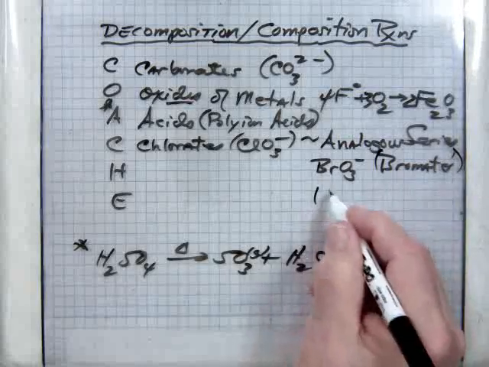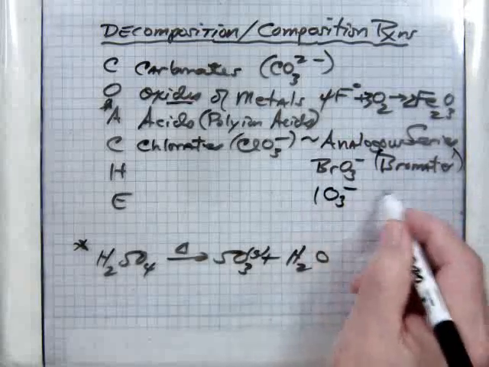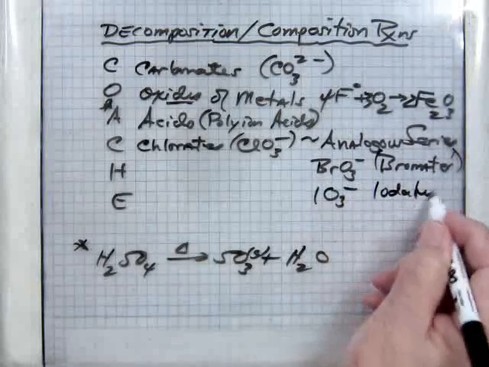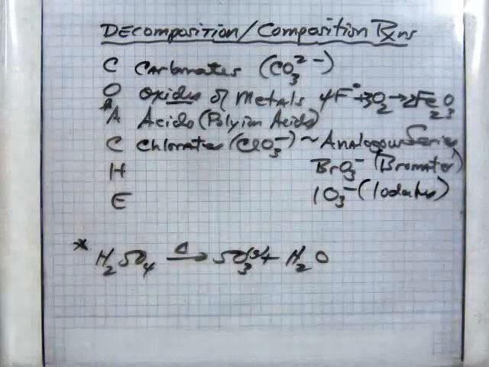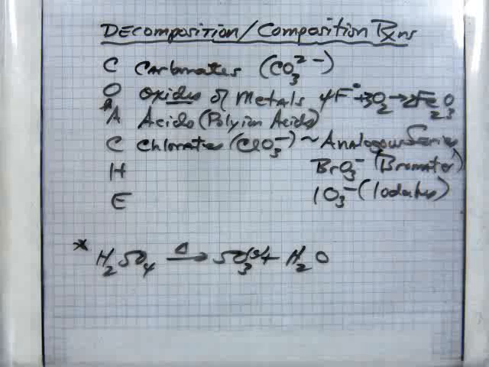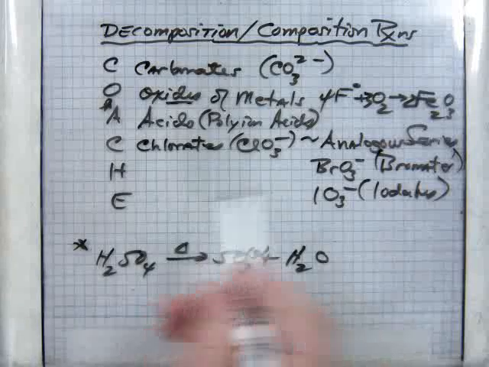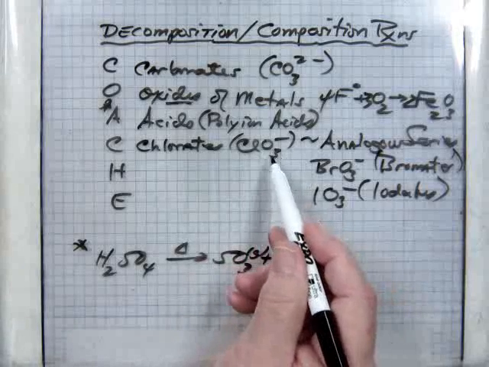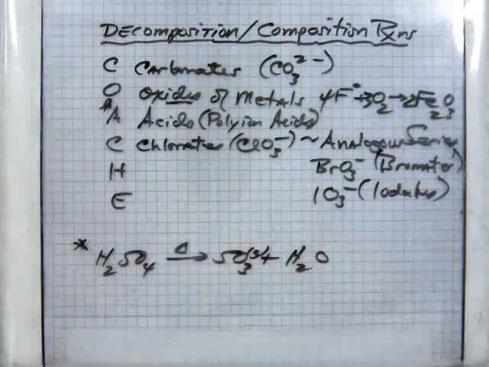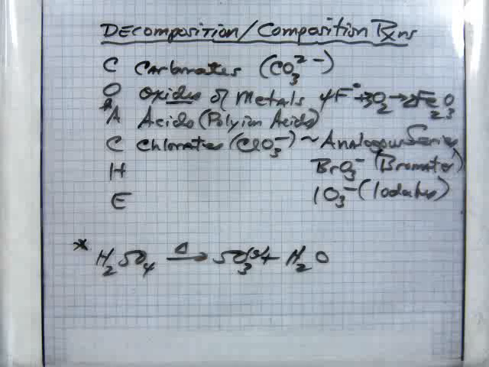Or iodates. And of course, the entire collection will apply as an analogous series. But potassium chlorate, for example, you heat it and break it down, it leaves a smoke trail, looks like a space shuttle taking off.